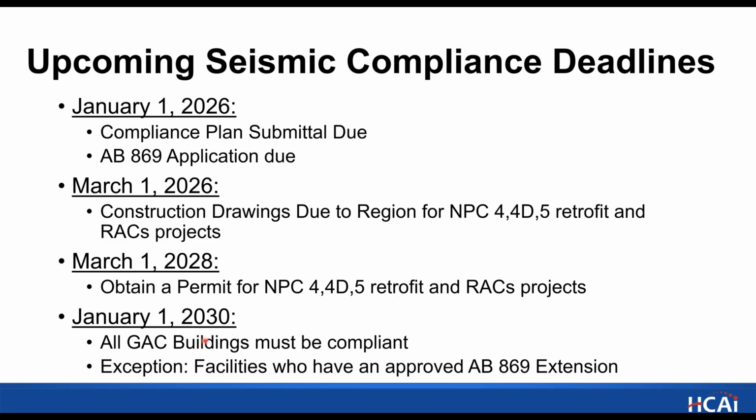If the 869 application for the eligible facilities is approved, then the final date will be beyond 2030. I want to emphasize that for facilities who are eligible and approved, the January 1st, March 1st, 2026 and 2028 deadlines still apply. The construction side is getting extended.